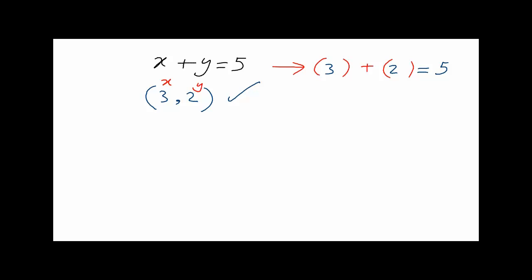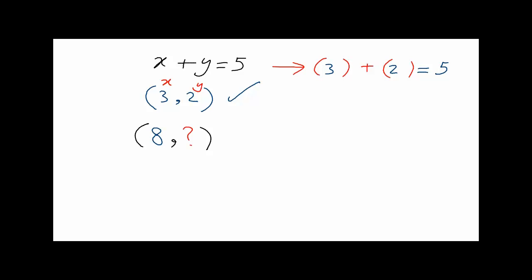So we can say yes, this point is a solution for this equation. You may be asked to find a number in an ordered pair so that this ordered pair is a solution for such an equation. For example, if you are given that x is 8, what is the value of y?